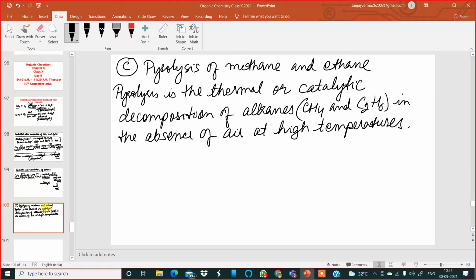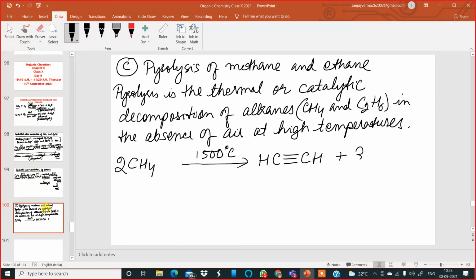Now, here I'll give you the examples. First one is for pyrolysis of methane. If I take methane and subject it to a temperature of around 1500 degrees Celsius, 2 molecules of methane are going to produce acetylene, HCCH, plus hydrogen gas is given out.